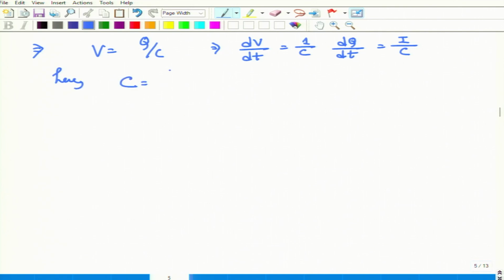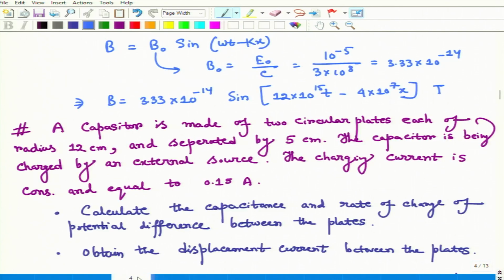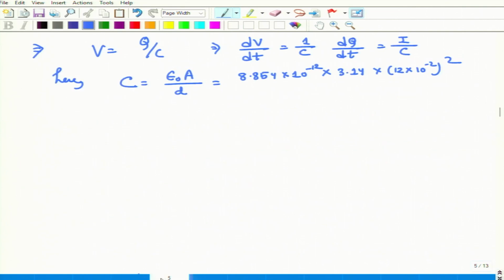C, the capacitance, is actually epsilon naught A divided by d. We know the value of epsilon naught, which is 8.854 into 10 to the power minus 12. Next is A, 3.14 into 12 into 10 to the power minus 2, squared, because that is given in centimeter, so we have to convert to the SI unit.